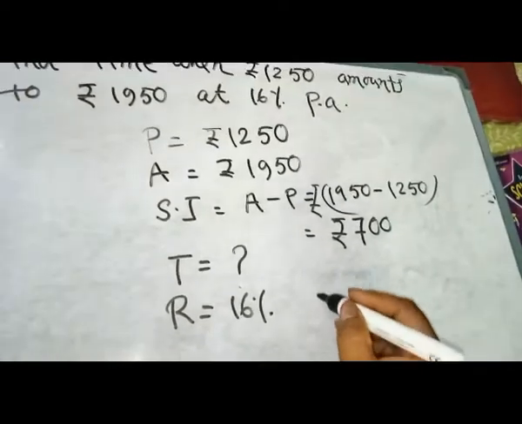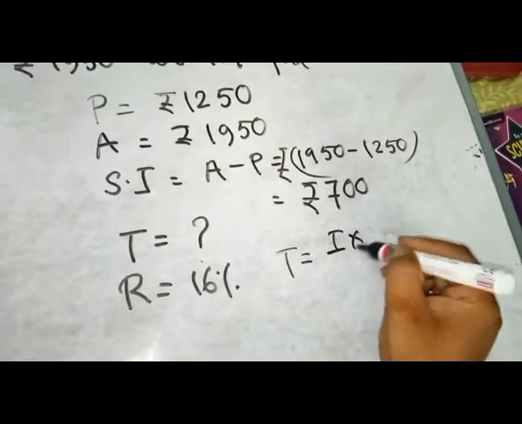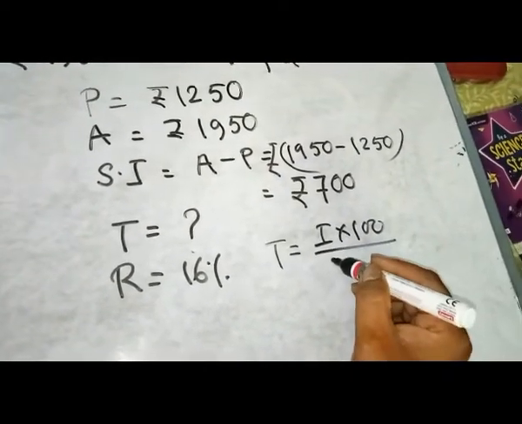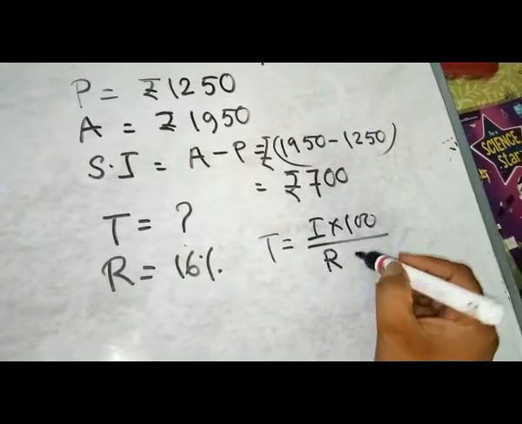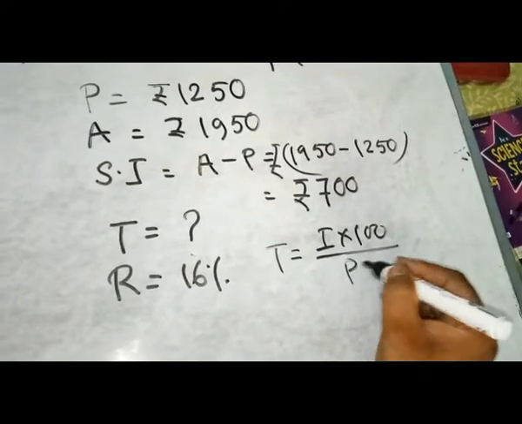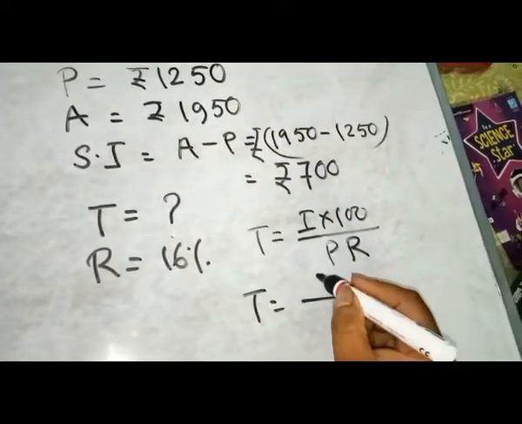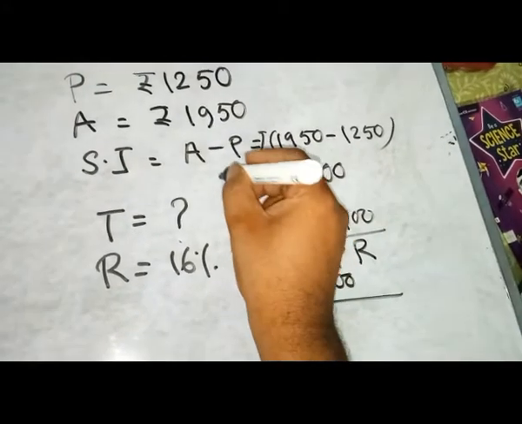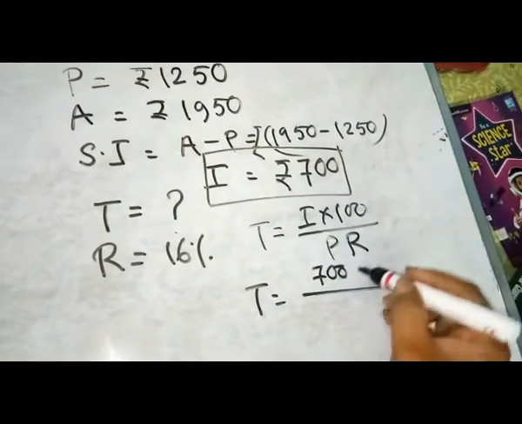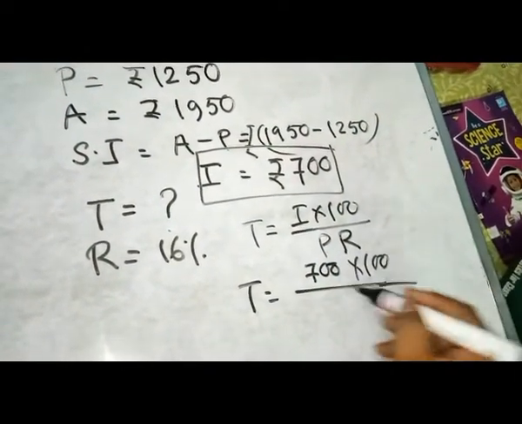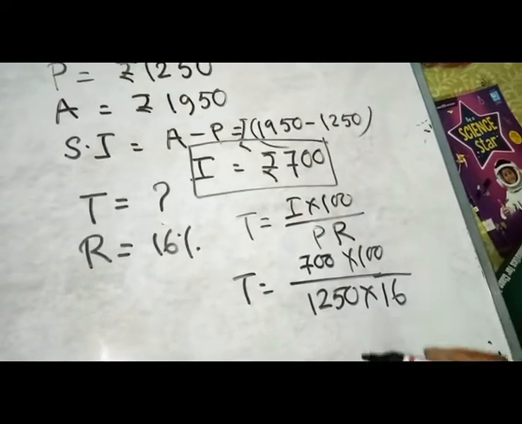The one formula regarding the time: time equals I into 100 divided by P into R. So time equals how much? I is 700, from here SI or I, the same thing, into 100 divided by P, P equals 1250, into rate equal to 16.